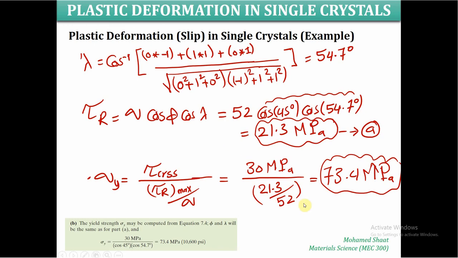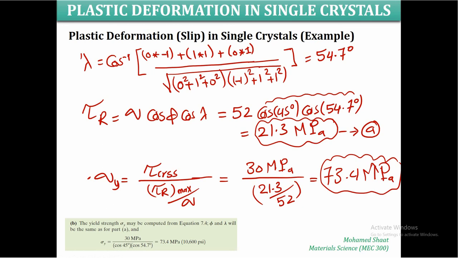It is lower than the 30 megapascal that is required to move the dislocation inside the material microstructure. So this means that under the 52 megapascal, this material will not yield. The material is still in its elastic zone, and there is no plastic deformation for this material at this stress level.